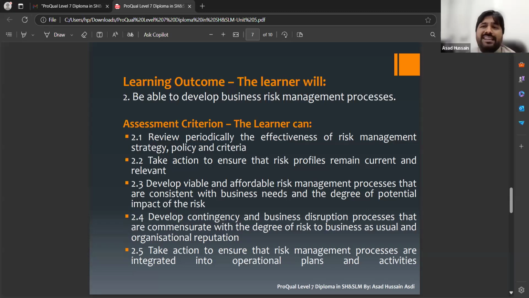So it is a much needed thing. They have to explain how they have ensured, or their organization has ensured, that risk management processes are an integral part of operational plans and activity of their organization. To support this, they can provide any evidence which is confirming the integration of risk management processes in their system.